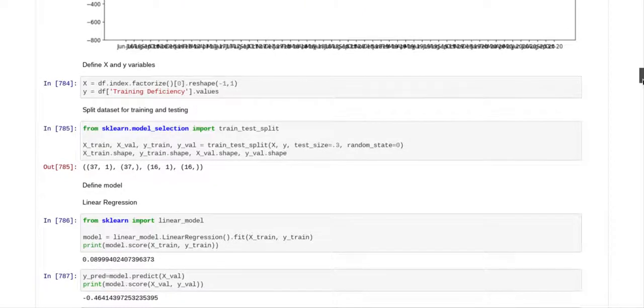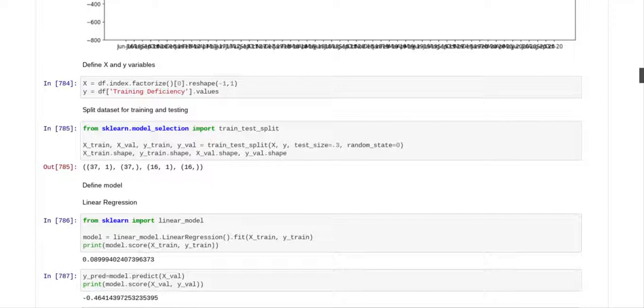Now what we want to do is find our x and y values. Because we didn't have any missing data, we didn't have to impute anything, and we didn't have to transform any columns. We didn't have to label encode any columns or anything like that.